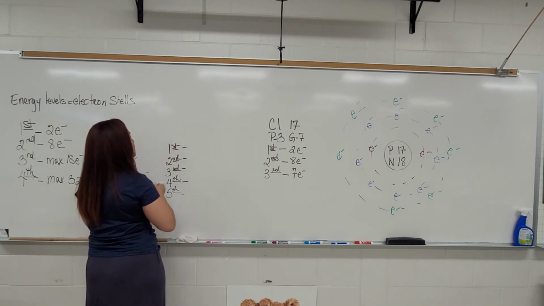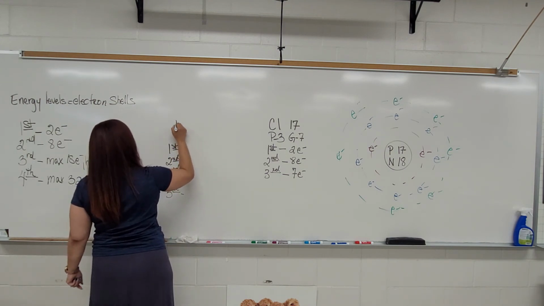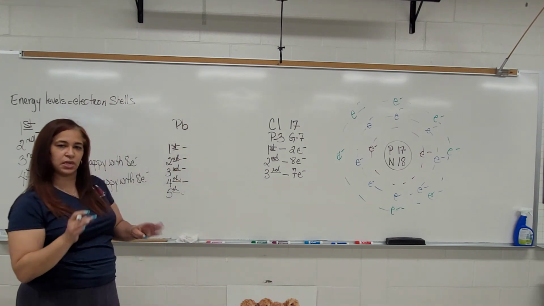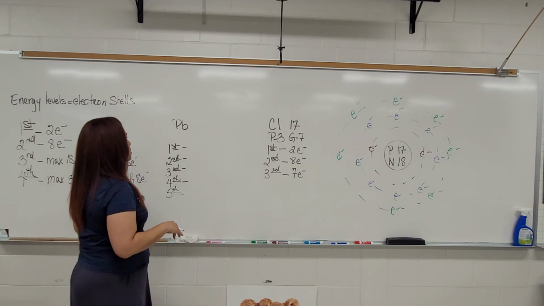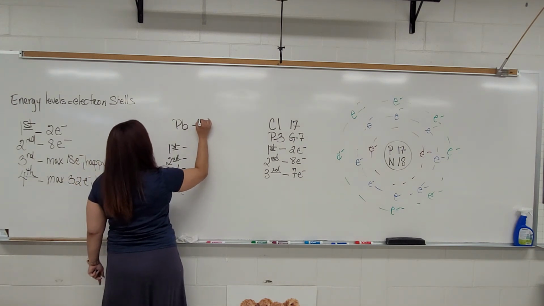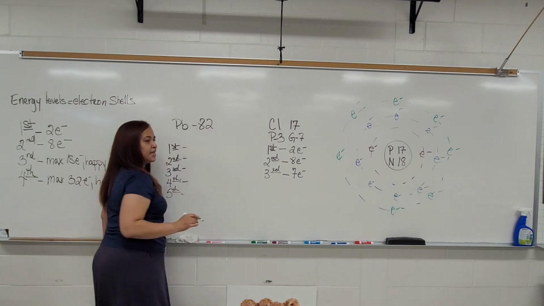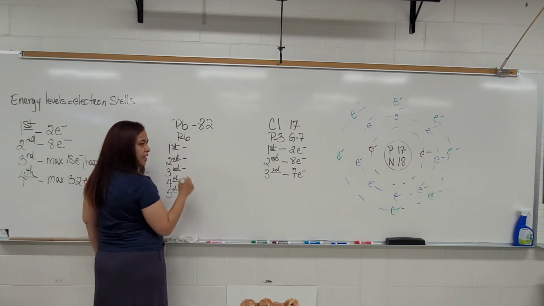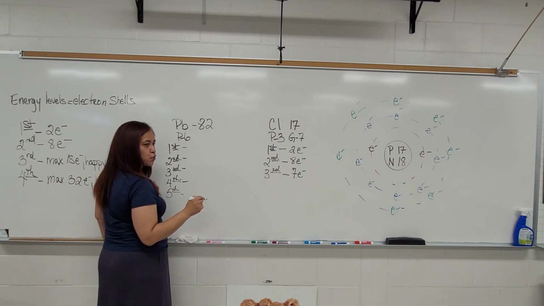So I'm going to go ahead and do lead. Because I've already done this one, but just to show you how this works. Okay, lead's atomic number is 82. It is in period 6, and it is in group 4.